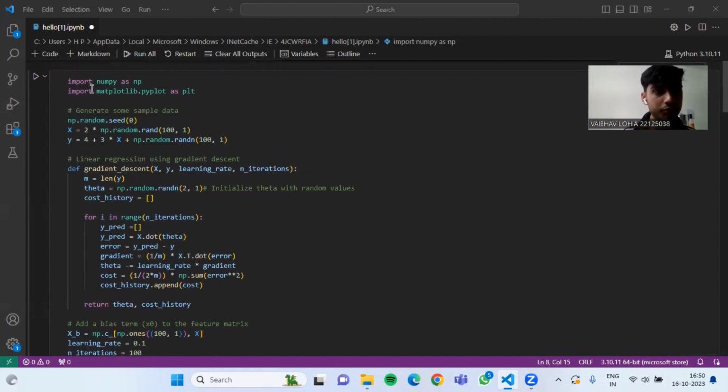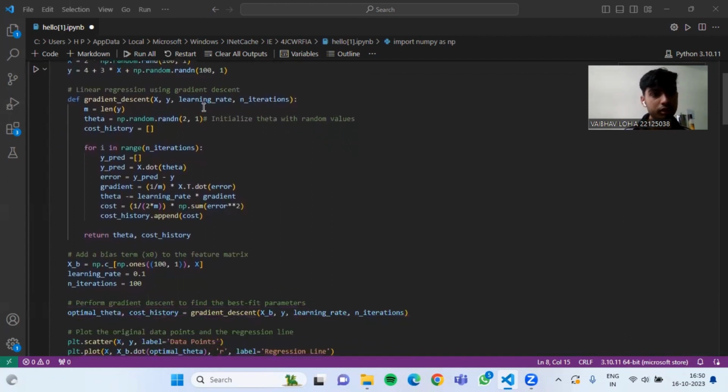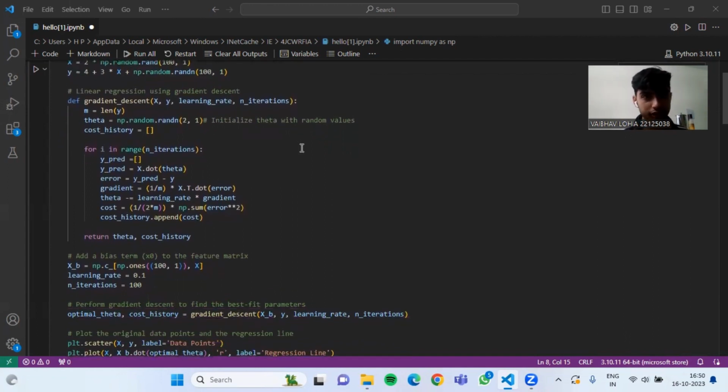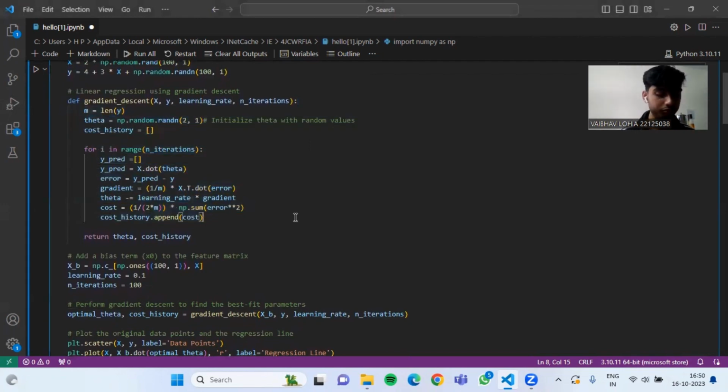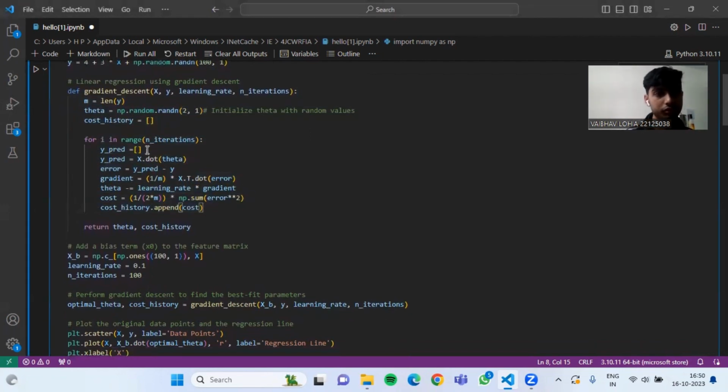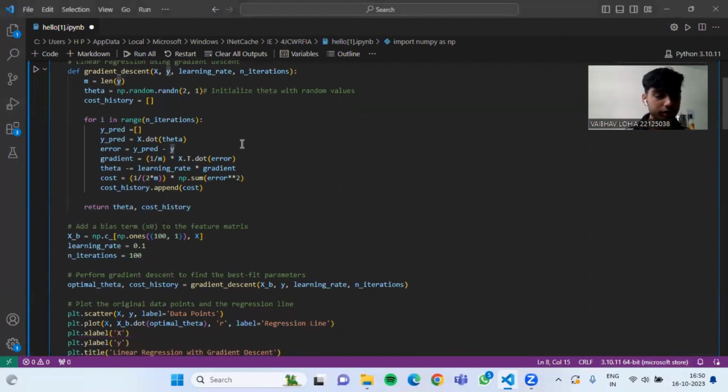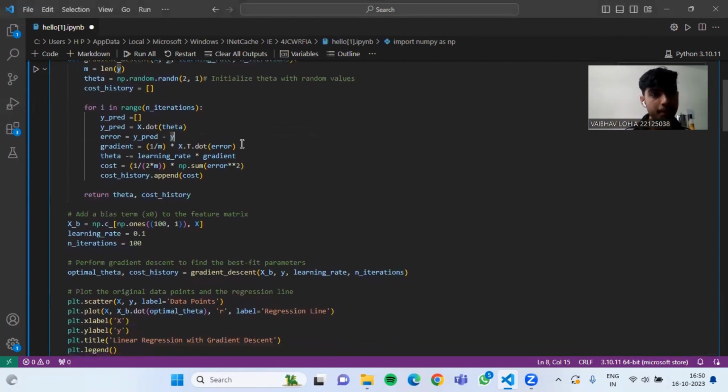Here we import libraries NumPy for numerical Python and Matplotlib for plotting purposes, where we randomize x and y. This part is the gradient descent function, where we create an empty list, and we fill that list by x dot theta, where theta is the column vector of the slope and the intercept.